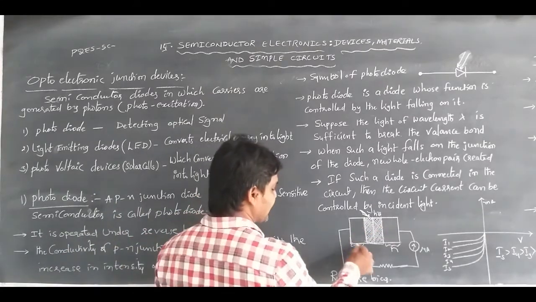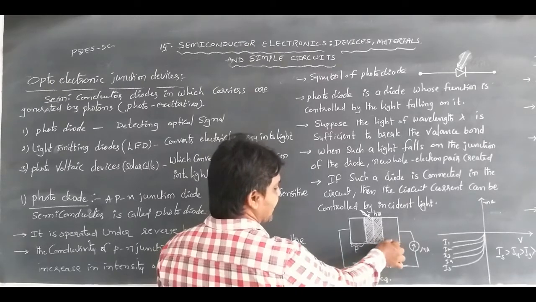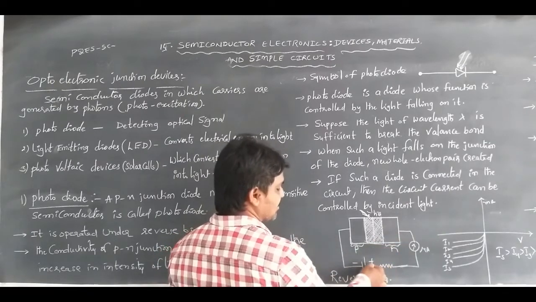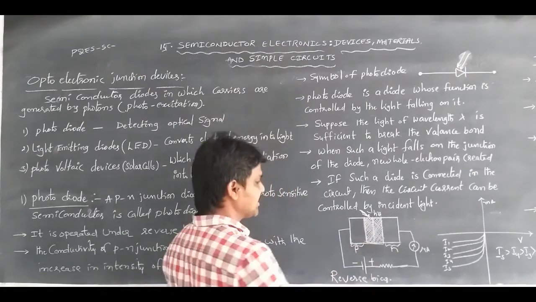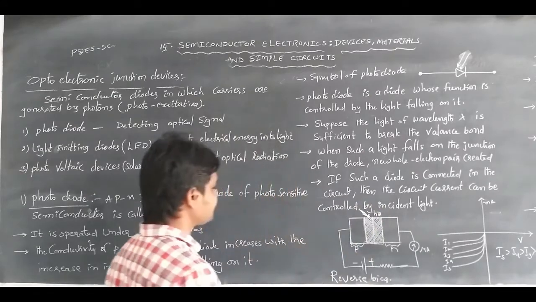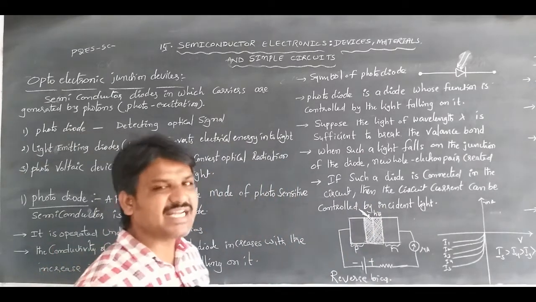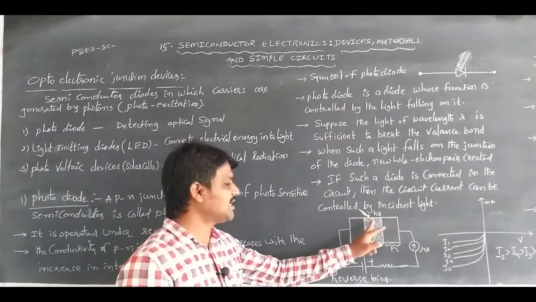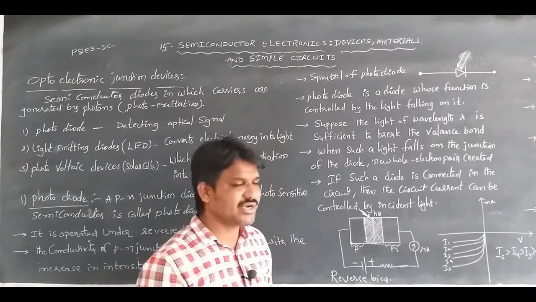The p-type material is connected to the negative terminal of the battery, and the n-type material is connected to the positive terminal. Whenever the light ray intensity is more, the conduction in the p-n junction diode is also more.